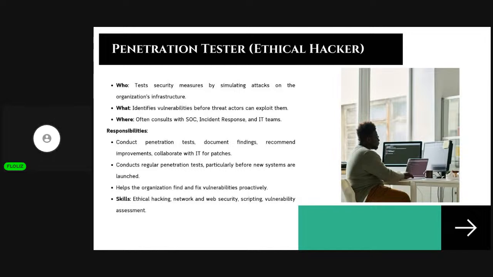Your key responsibilities will be helping the organization find and fix vulnerabilities. I know people who get paid to detect vulnerabilities on applications. So if they can detect five, that's good. So for you to be able to play here, you have to know that it's a very competitive field.